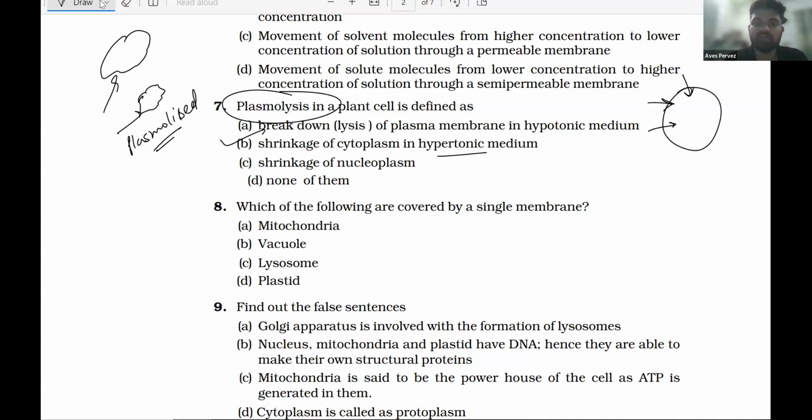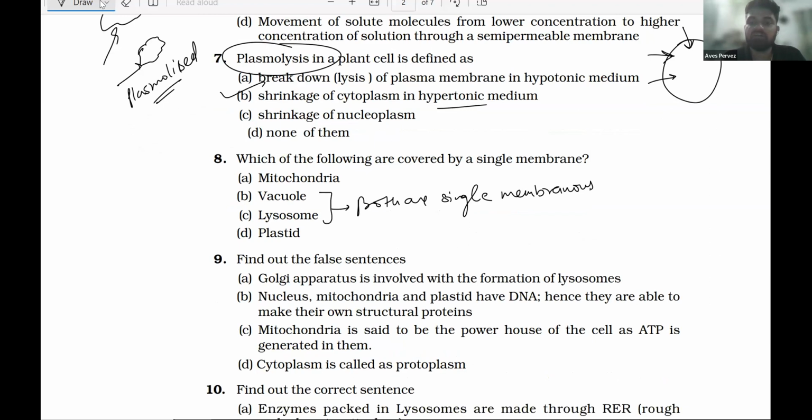There is a mistake here. Lysosomes and vacuoles both are single membranous. Got it? You understood? Sure? Now moving on, there is a mistake here.